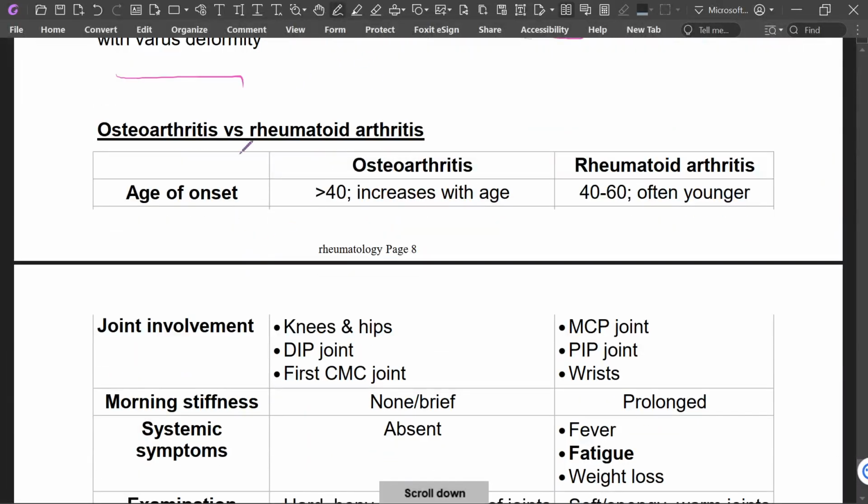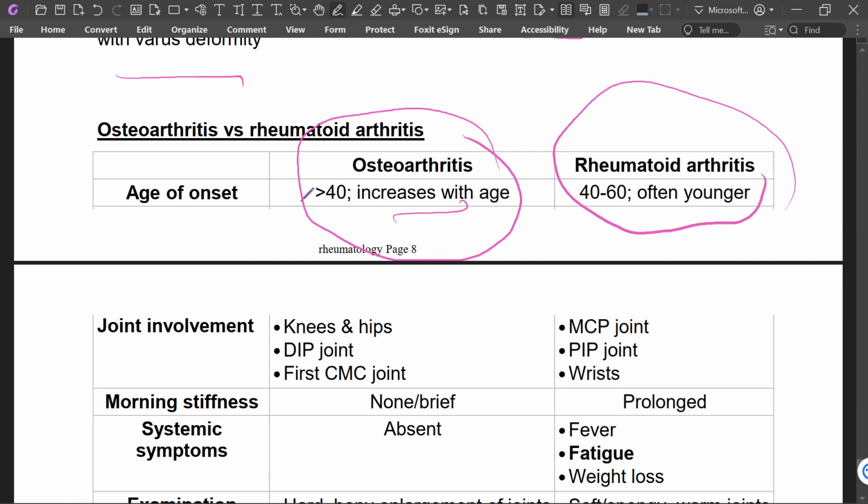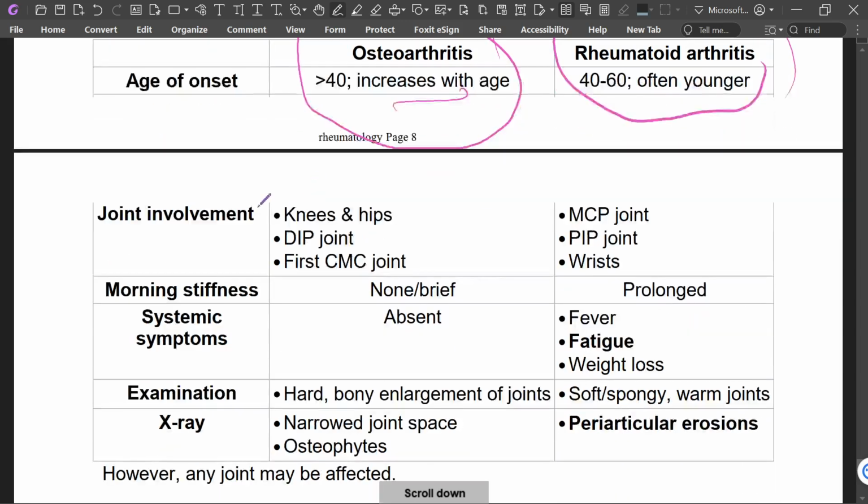associated with varus deformity. Osteoarthritis age is more than 40 and increases with age. Rheumatoid arthritis is 40 to 60, often younger. Osteoarthritis involves the knee, hip, DIP joint, and first CMC joint. But rheumatoid arthritis involves the MCP and PIP, not the DIP. Morning stiffness and systemic symptoms are seen in rheumatoid.